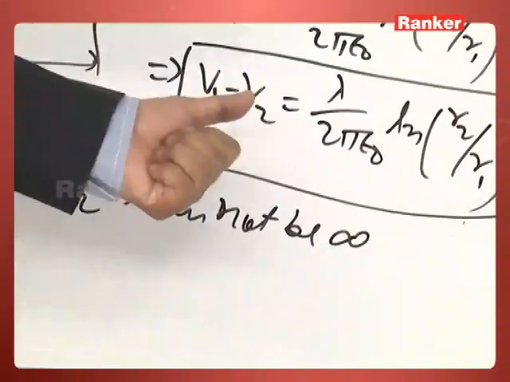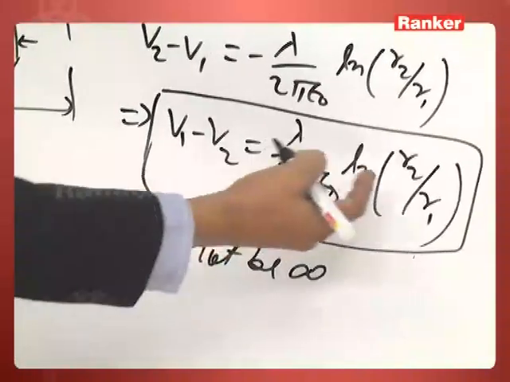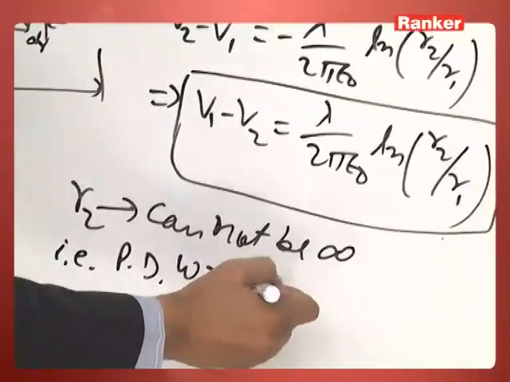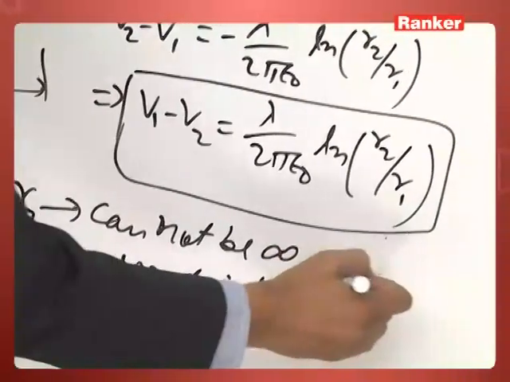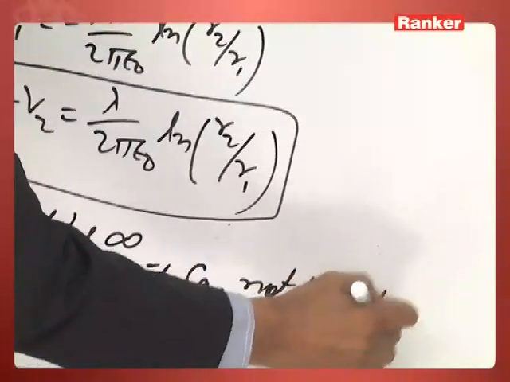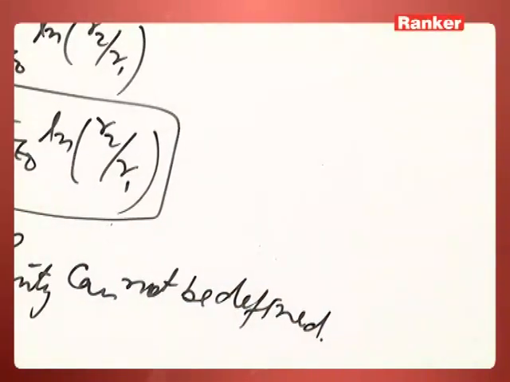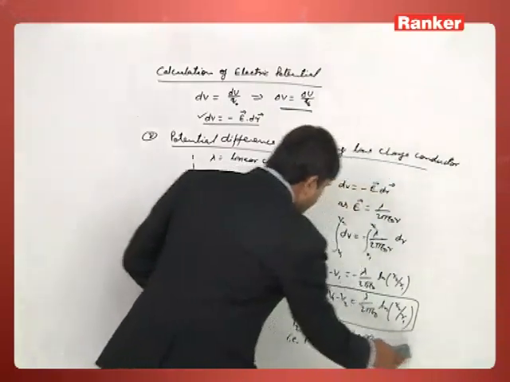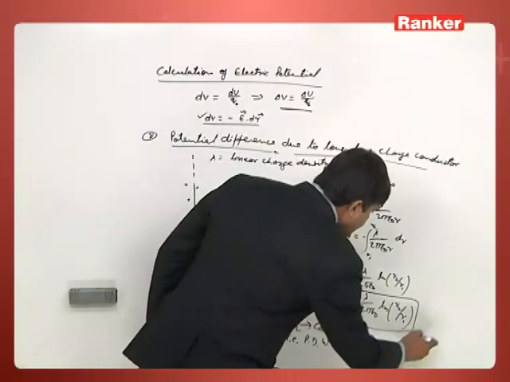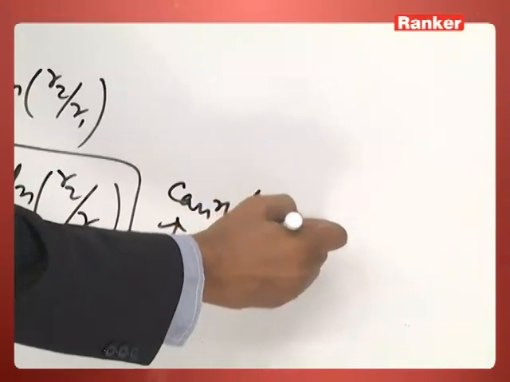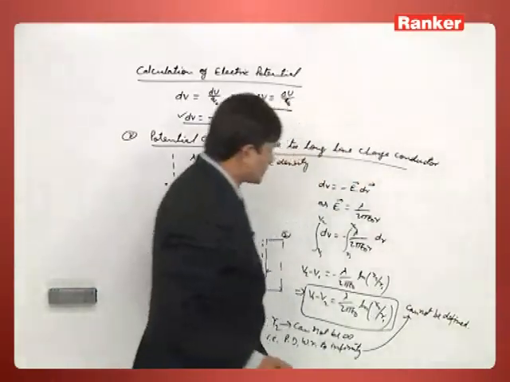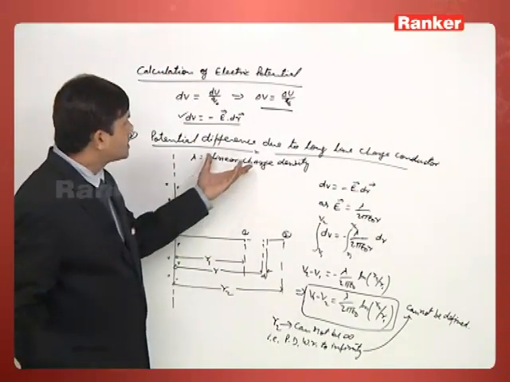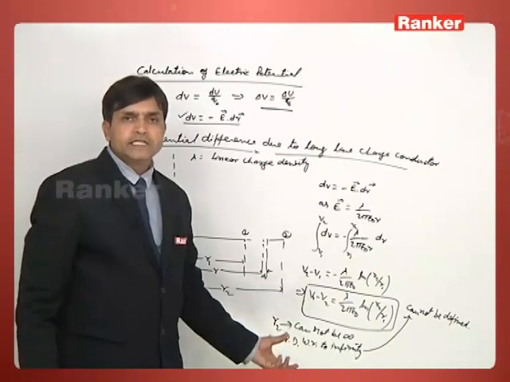It means potential difference with respect to infinity cannot be defined, because it is undefined. So in this particular case, that indicates the potential difference due to a long line charge conductor is defined only for finite distance. It is not defined with respect to an infinite point.